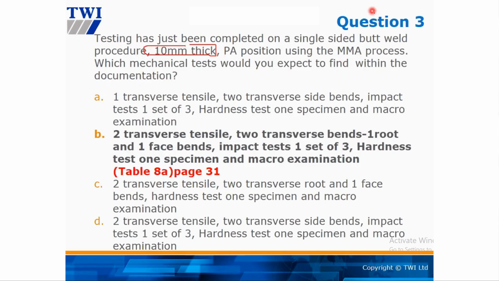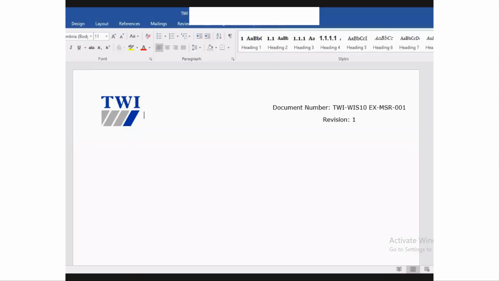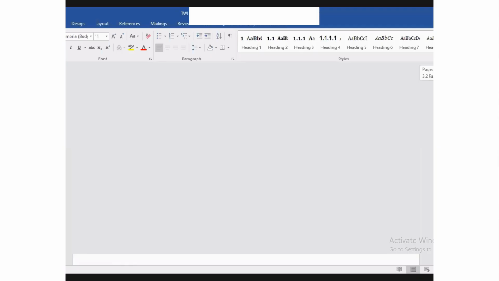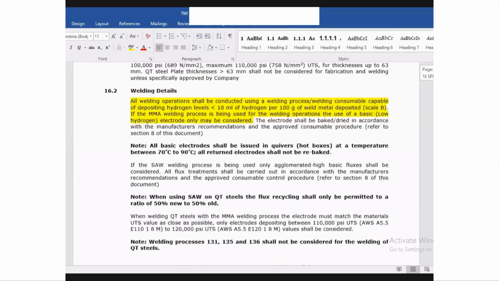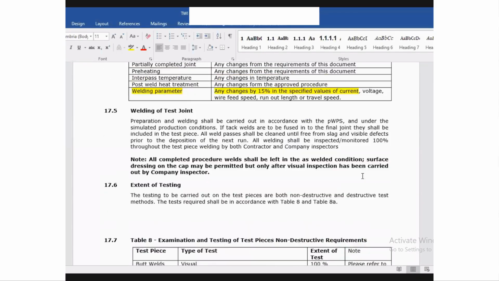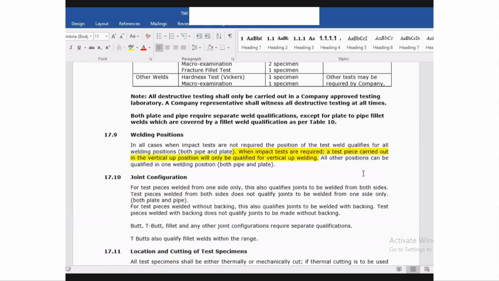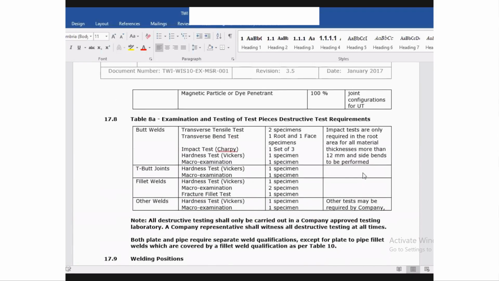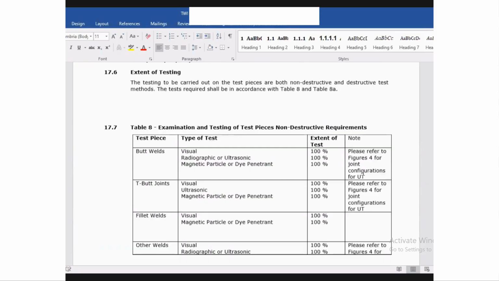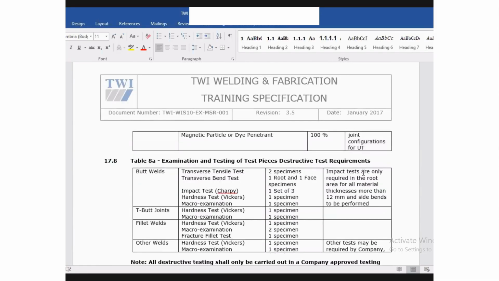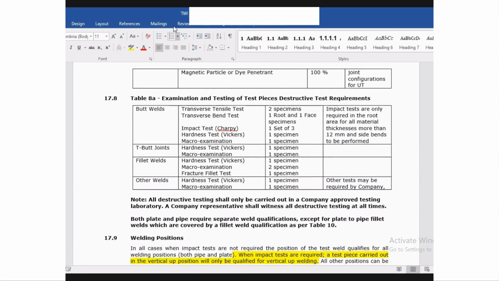All right, look at table 8A of the spec. This is table 8A.